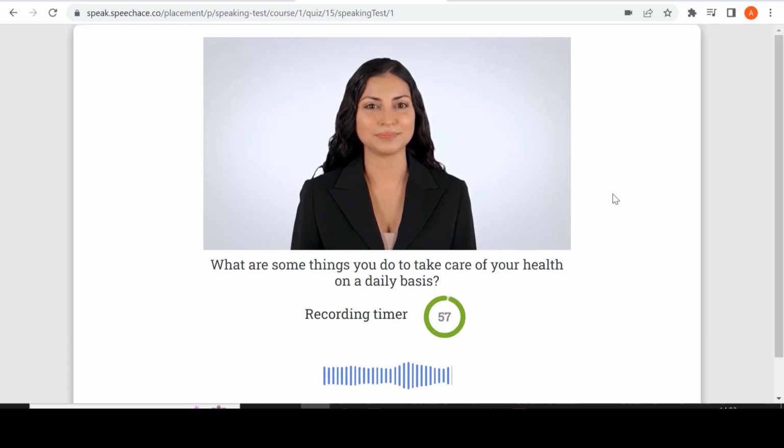Well, I am quite health conscious as a person and do realize that on daily basis we really need to do at least something about our health concerns every day. As far as I am concerned, I exercise daily, go for a walk, make sure that I am eating a balanced diet and try to stay away from junk food.